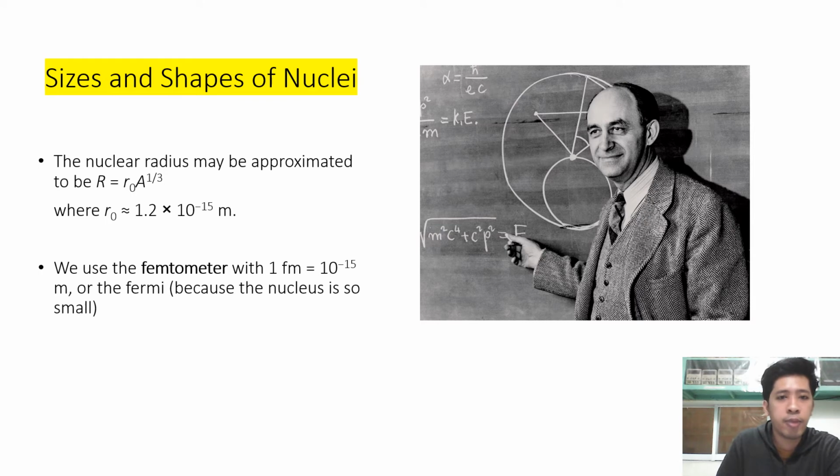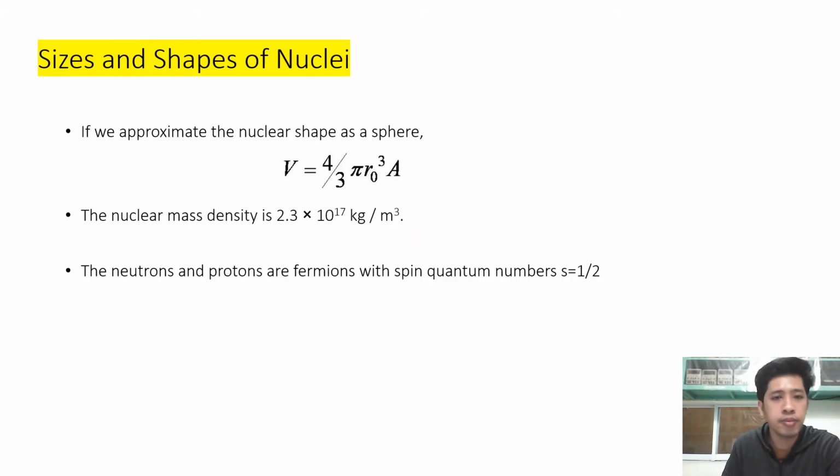The nuclear radius may be approximated as R equals R naught A to the 1/3, where R naught is equal to 1.2 times 10 to the negative 15 meters. We usually use the femtometer, where 1 fm equals 10 to the negative 15 meters, or the fermi, because the nucleus is so small that it's not practical to use meters when talking about its radius.